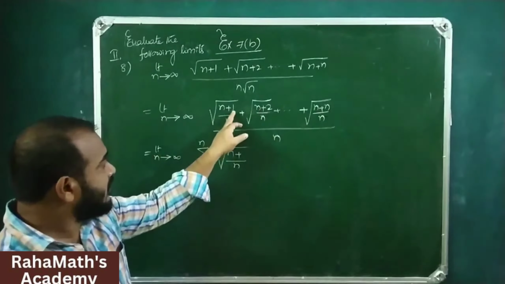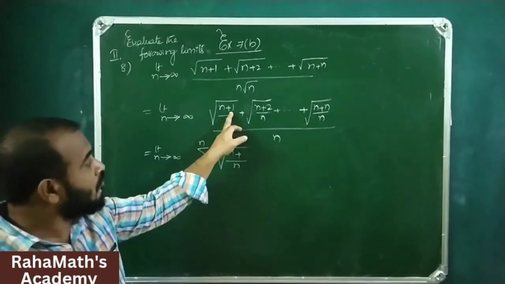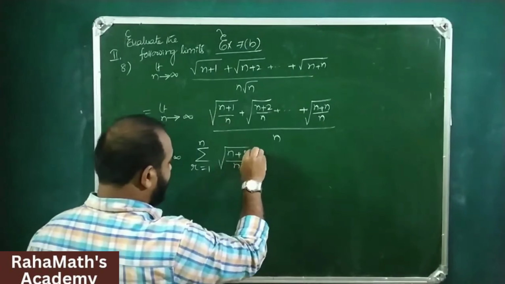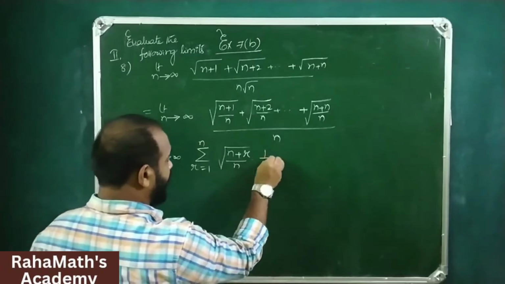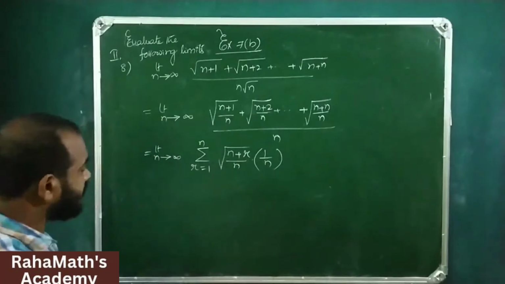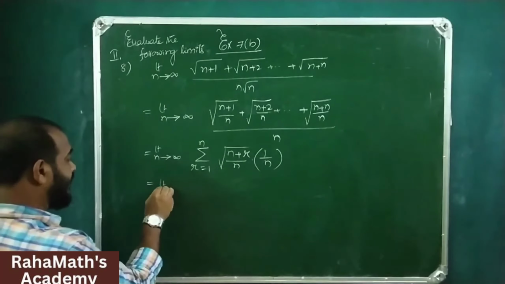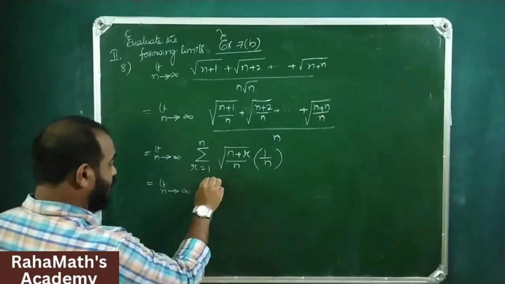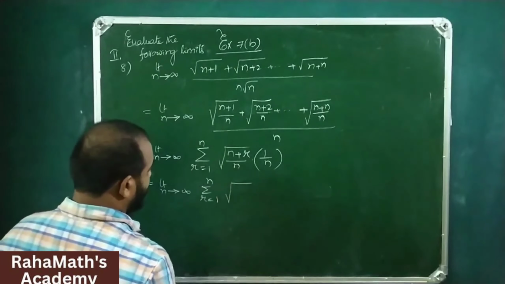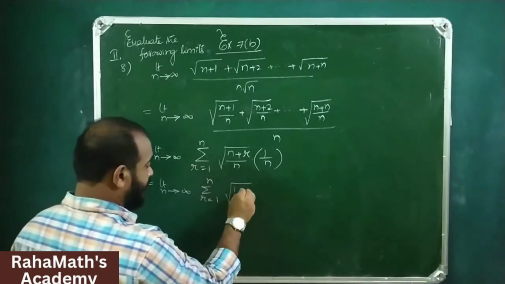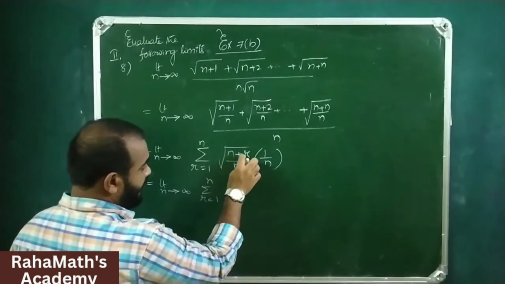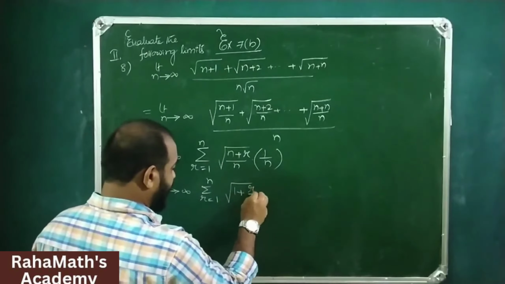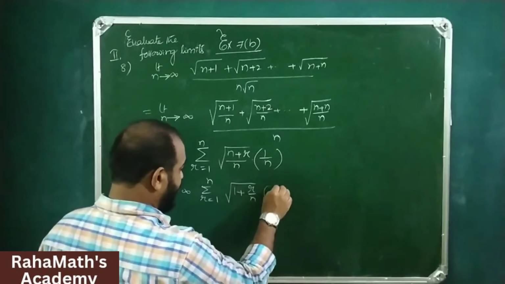That means this is getting varied throughout the expression. Therefore, I will replace it as r into 1 by n. Now, this is equal to limit n tends to infinity, sigma r runs from 1 to n, square root of 1 plus, n by n is 1, this is r by n, into 1 by n.